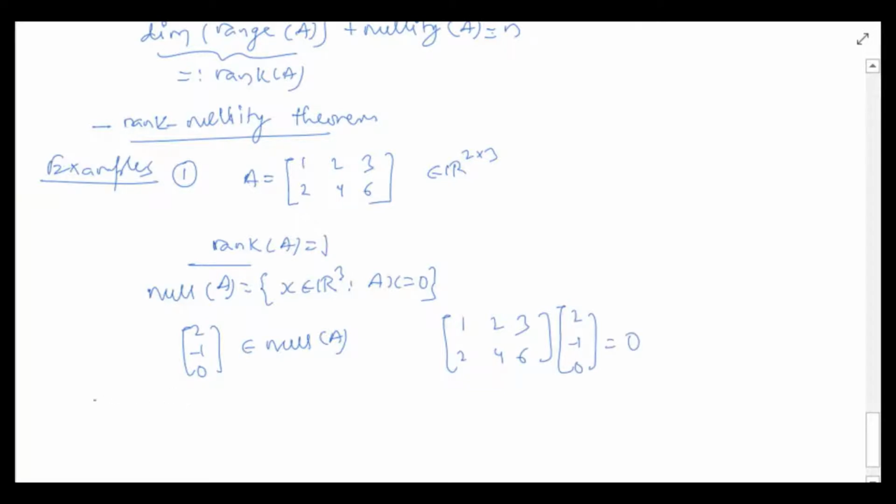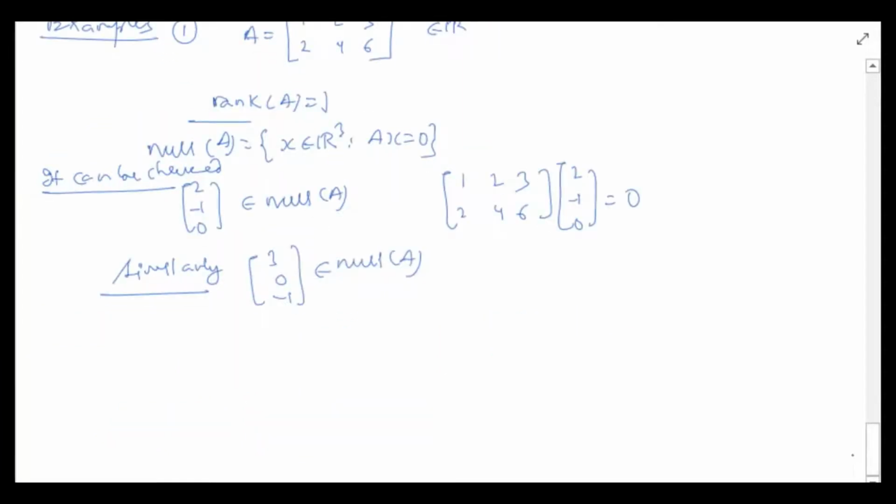Similarly, it can also be checked that the vector (3, 0, -1) is also in the null space of A. So A times (3, 0, -1) also equals 0.